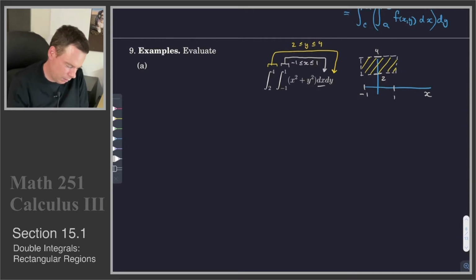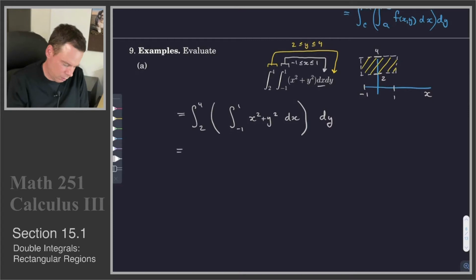So how do we calculate this? Well, we can use the iterated integral technique, and that is to first focus on the innermost integral and then do the outer integral after. So we just keep the outer integral for later and deal with the innermost one.